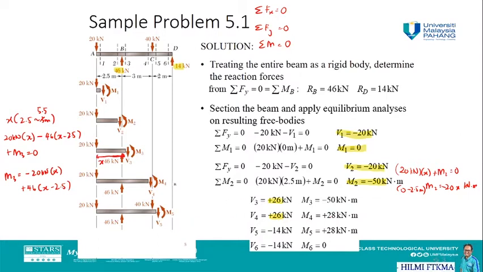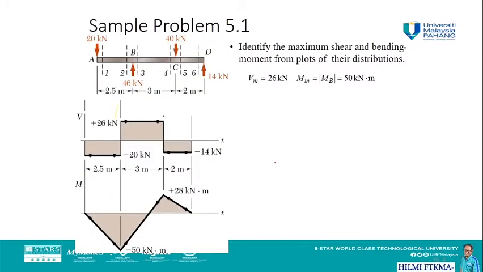Then if we proceed with the last part, at point D, we get V6 equal to negative 14 and M6 equal to 0. So now we are going to convert these values into the diagram.